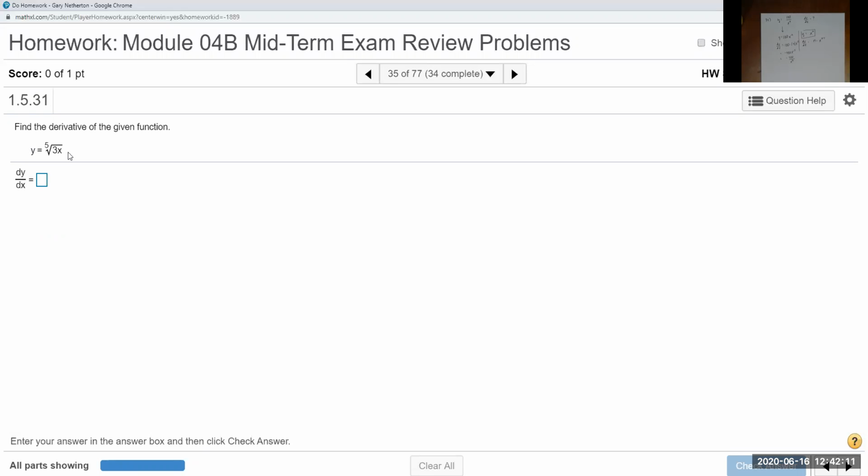So again, I'm going to do the same thing I just did: a little conversion, and rewrite that so it fits the power rule. So let me write it here, and then I will show you what we're going to do.